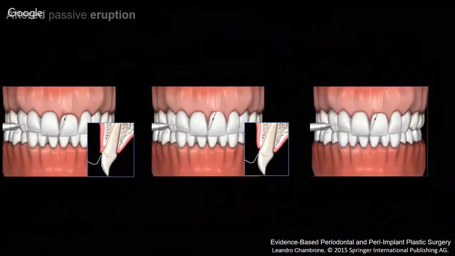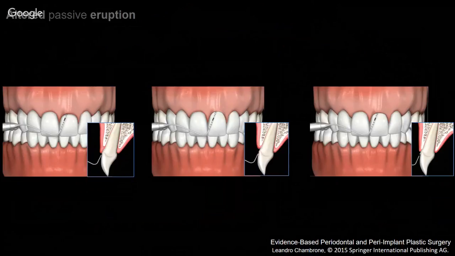And in this case, not only is there a good proportion with soft tissue, but too much hard tissue. So the bone crest is over or almost touching the CEJ.